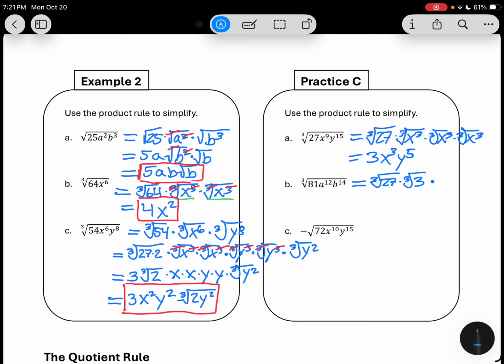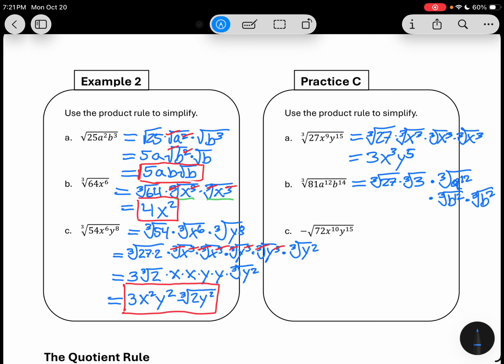And then that would be times the cube root of a to the 12 times the cube root of b to the 14. 14 doesn't divide by 3 evenly. So what if we make it b to the 12 times the cube root of b squared? We did that on a couple of problems, like on problem A, we did that with the b's.